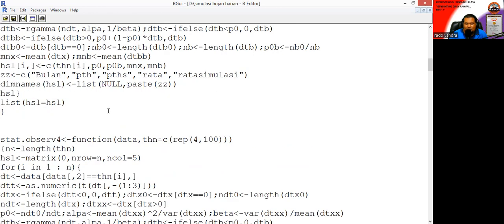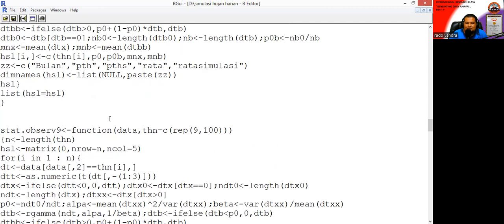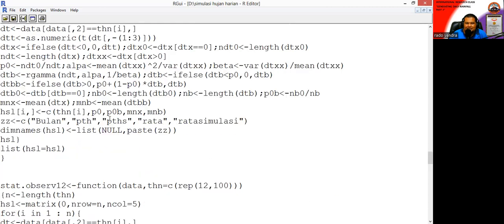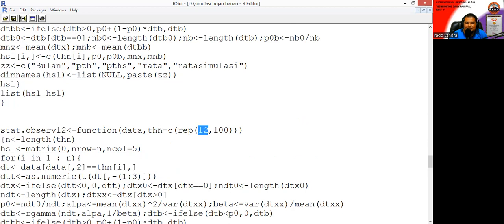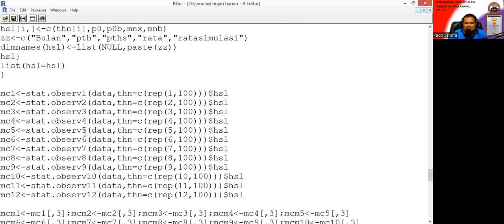And then we do it again until the 12th month, December. This is December. We simulate 100 times, and we name it state observed. After we run this program, we must give the special name for the MC1.